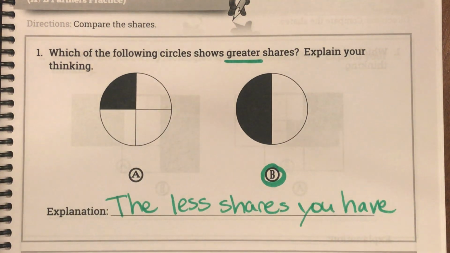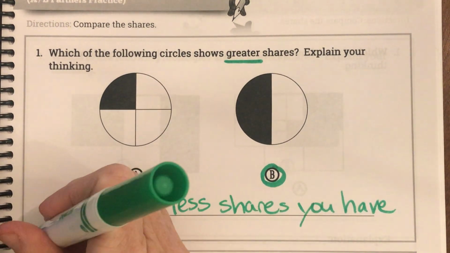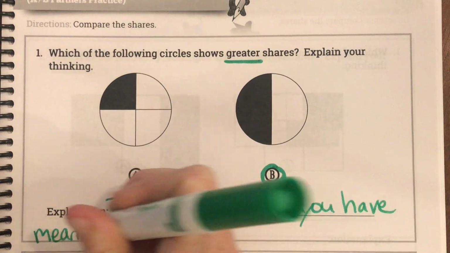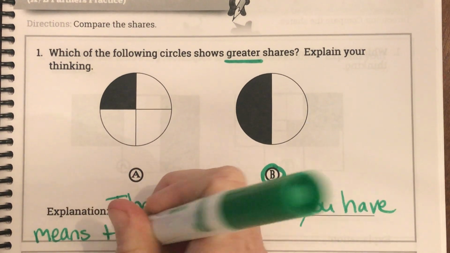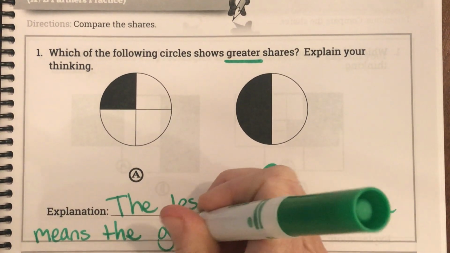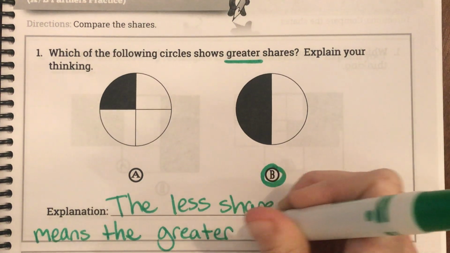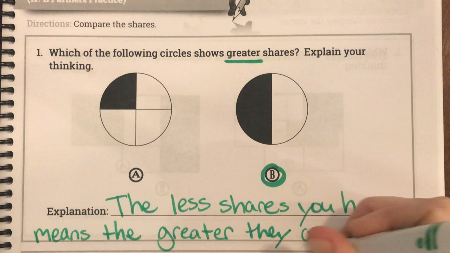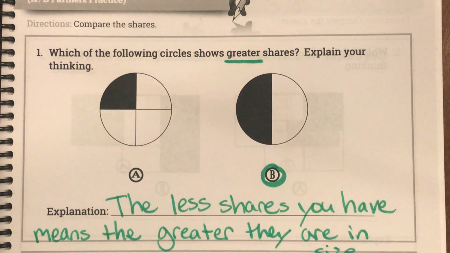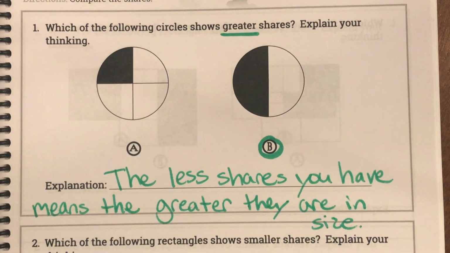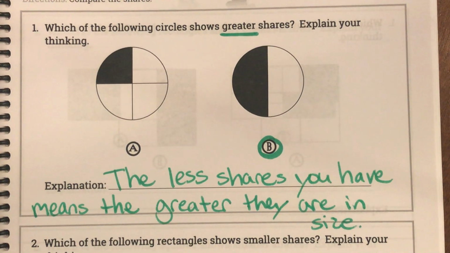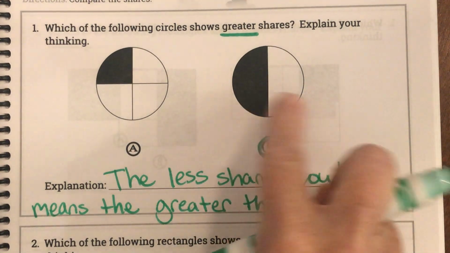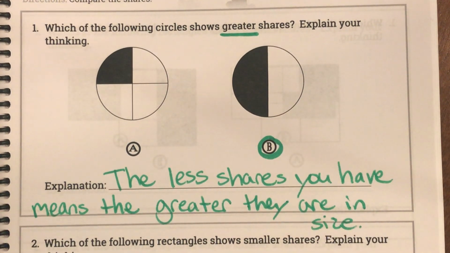So the less shares you have means the greater they are in size. Just like sharing something with friends, the more people you have to share it with, the smaller everyone's piece is going to get. So the less shares you have, the greater the size of the piece.